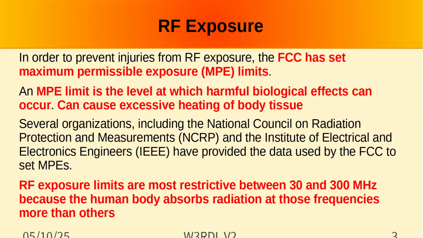It also has, as a dashed line, uncontrolled, which means your neighbor, people that don't know they're being radiated. So you have to give them, I forgot now if it's a half or a tenth, but a lot less exposure.